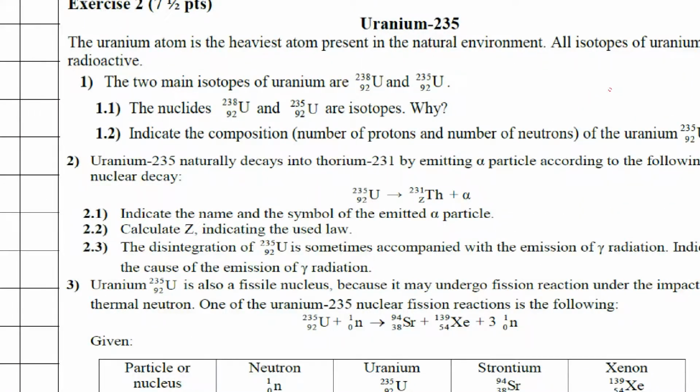Now, the nucleides uranium-238 and uranium-235 are isotopes. Why? By isotopes, it means that they have the same atomic number, which is 92, but at the same time the mass number is different. So this is given by 238 and this is given by 235.